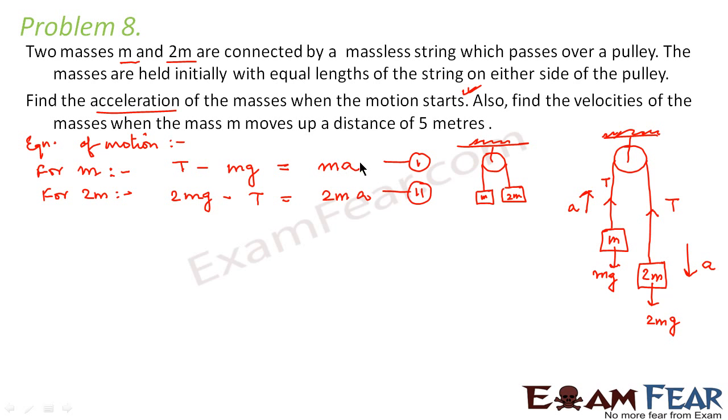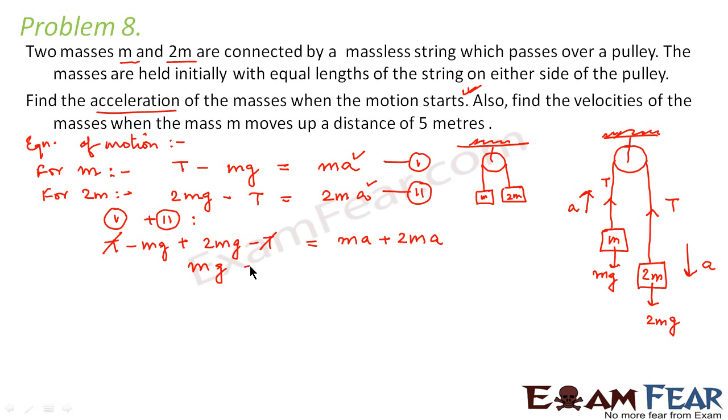From these two equations, we need to find the value of acceleration a. So we add up the two equations. We get T minus mg plus 2mg minus T is equal to ma plus 2ma. So T gets cancelled. It is mg is equal to 3ma.